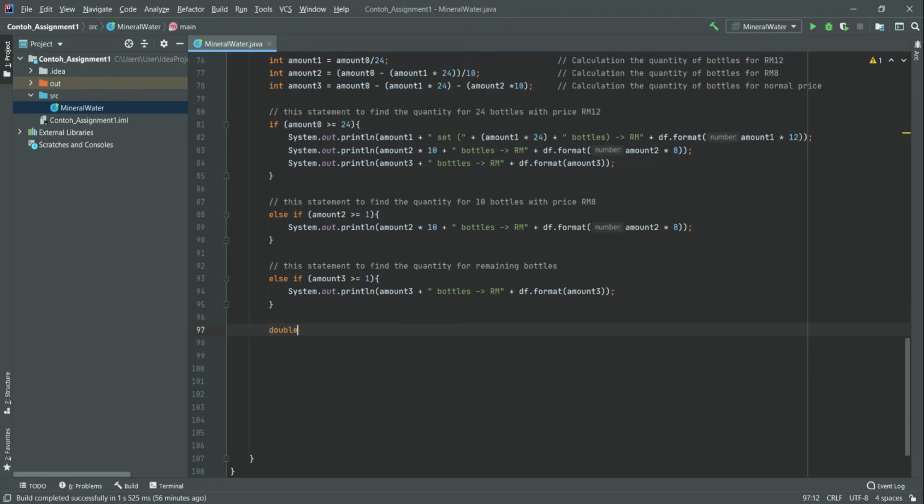And double total price equals amount 1 times 12 plus amount 2 times 8 plus amount 3.